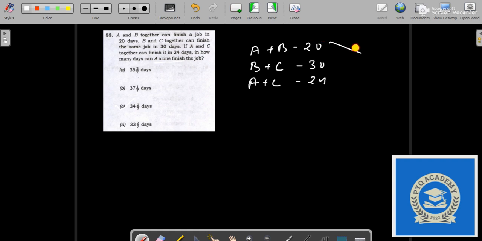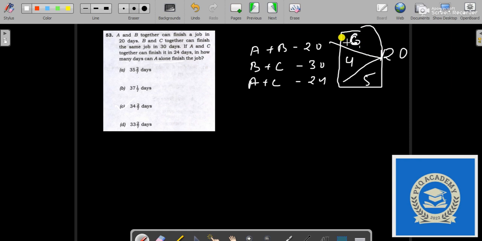So first let's take the LCM. By taking the LCM of 20, 30 and 24, we will get LCM as 120. By dividing 120 by 20, we will get 6 here, then 4 here, then 5 here. So this quantity defines the units of work done per day.